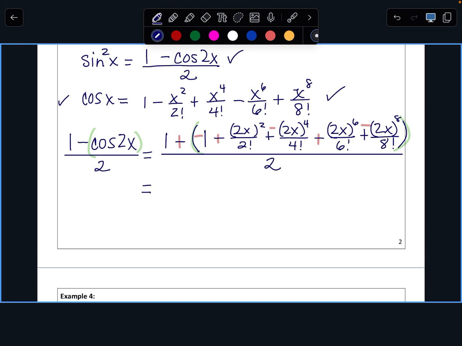We get 1 minus cosine 2x is equal to, well, the 1's cancel, and I end up with 4x squared over 2 factorial, because I'm going to square the 2x.